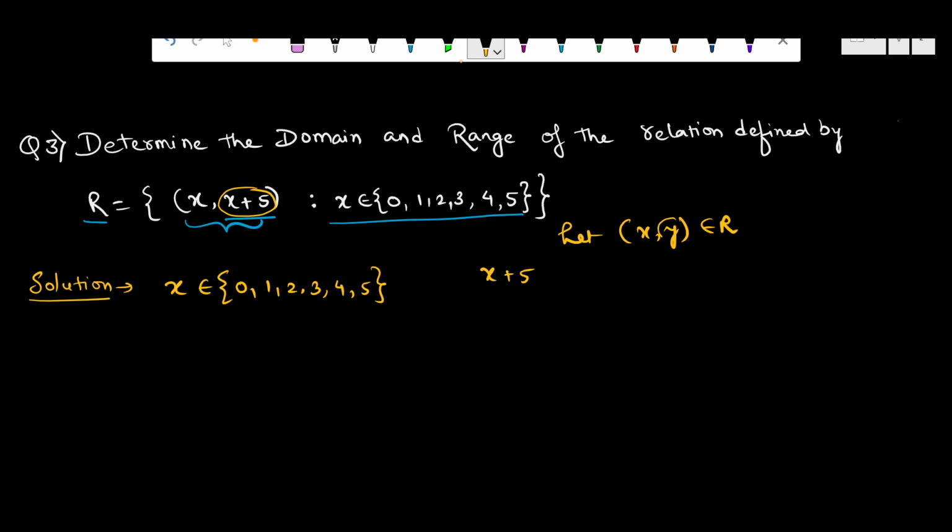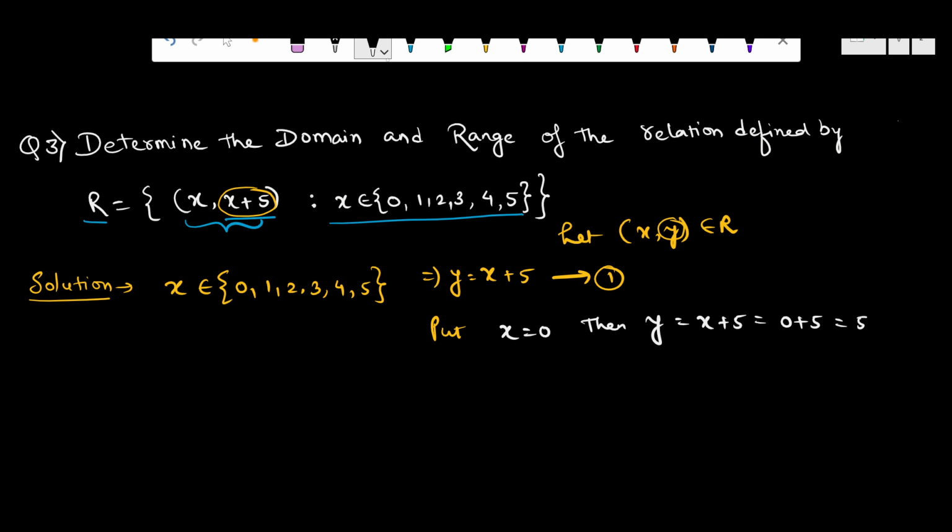Where y is the second component, means y equals x plus 5 over here, right? Now put x equals 0, then y equals x plus 5, which is equal to 0 plus 5 is 5.